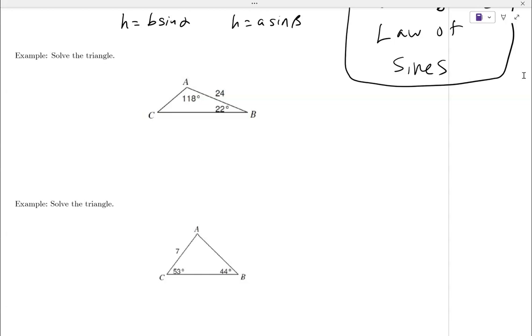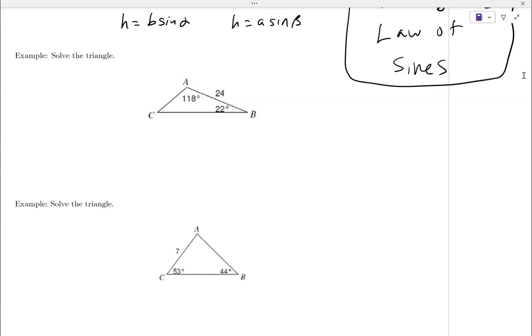So if I know two angles and a side, I've completely determined the triangle. There's exactly one triangle that satisfies those properties. The reason why I'm saying that is because there's going to be some issues later on. But if I have two angles and a side, one triangle is all you get.